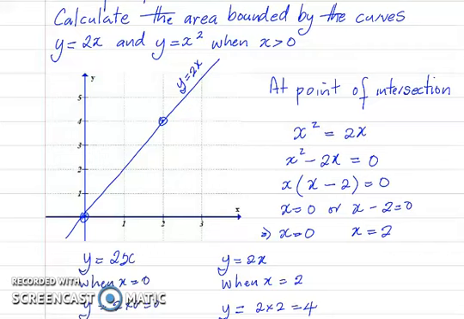Now, we already know 2 points on the graph of y is equal to x squared. I probably just need one more, and I know what the graph is going to look like. It is a parabola that is symmetrical about the y-axis. All right. So we have y is equal to x squared. When x is 1, y would be equal to 1 squared, which is also 1.